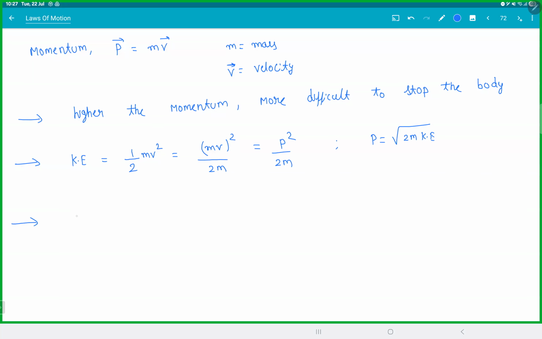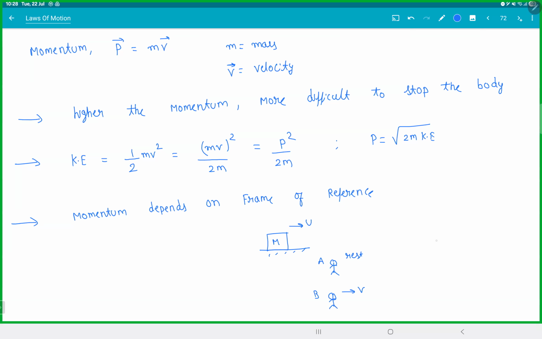Third, momentum also depends on the frame of reference. So depending on who is seeing the body, they will say different momentums. For example, if a block is going with mass m and speed u, and you have two people, let's say A is there on the ground at rest, and B is there who is going with speed v.